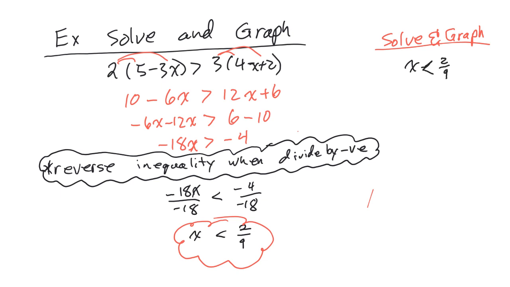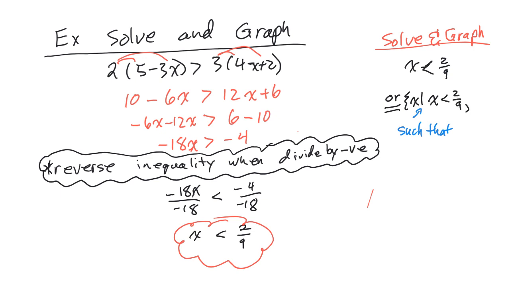Now, you could also write, based on this, the set notation that we studied a while back. x such that, that's what this bar means, such that our x values are less than 2/9.